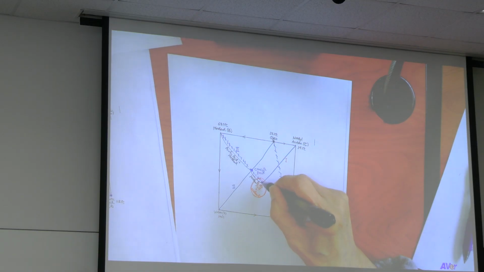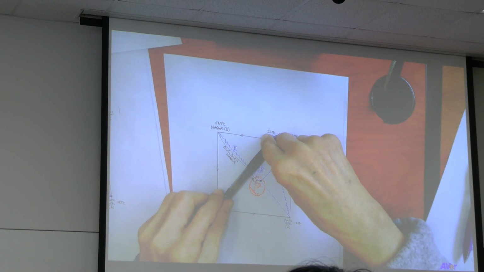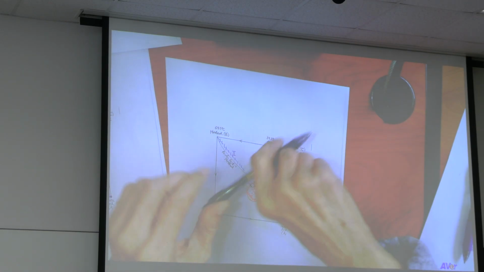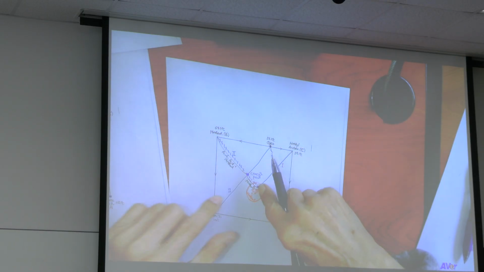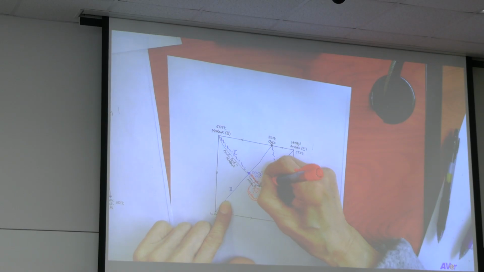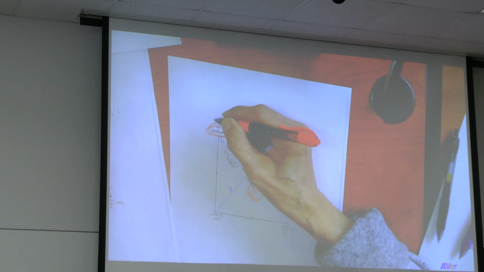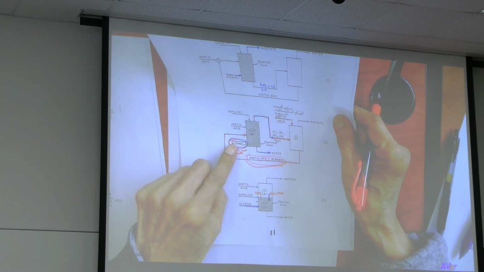You notice the intersection point? In this distance, we present acetic acid and methanol. But this distance represents additional methanol. You need to add in, right?